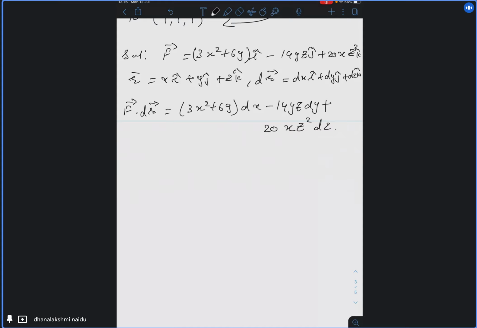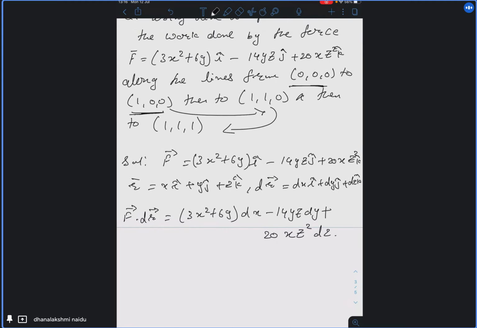And it is not a closed curve, as you can see. Is it a closed curve? It is not. Why? Because the last point is 1, 1, 1, and it is not mentioned from 1, 1, 1 to 0, 0, 0. Is it mentioned? No, ma'am.